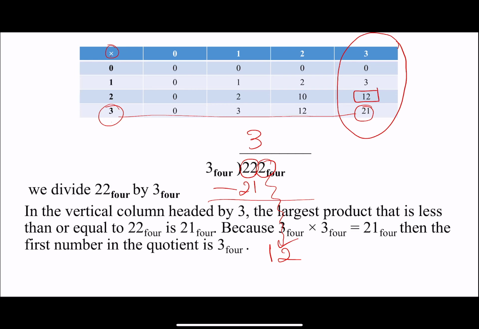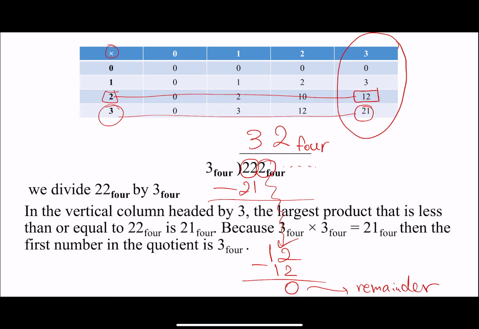Here you go, 2. 2 was multiplied by 3 to give you 2. Subtract: 2 minus 2 is 0. Do you have more digits to bring down? No, then you're done. So the quotient is 3 2 base 4, and your remainder is 0.